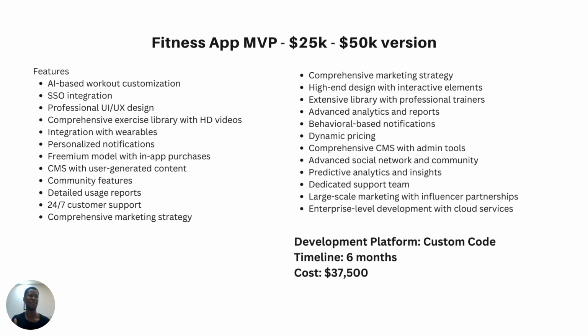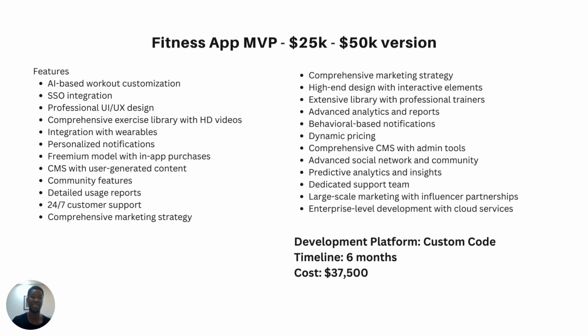So on the 25K to 50K version, you can see that it has a lot of features. It has AI-based workout customization. So I'm just going to mention a few. It has a comprehensive exercise library with HD videos. It has personalized notifications, community features, 24/7 customer support. It has a comprehensive marketing strategy, high-end design, interactive elements, right?